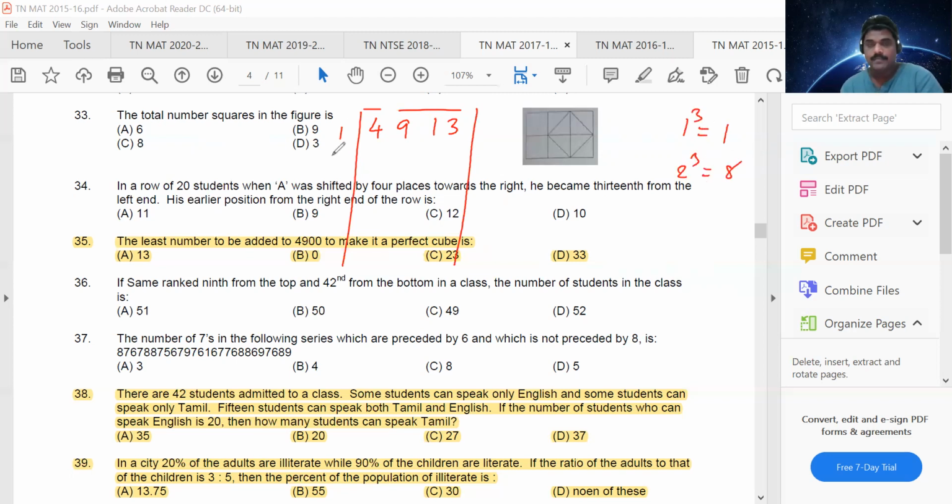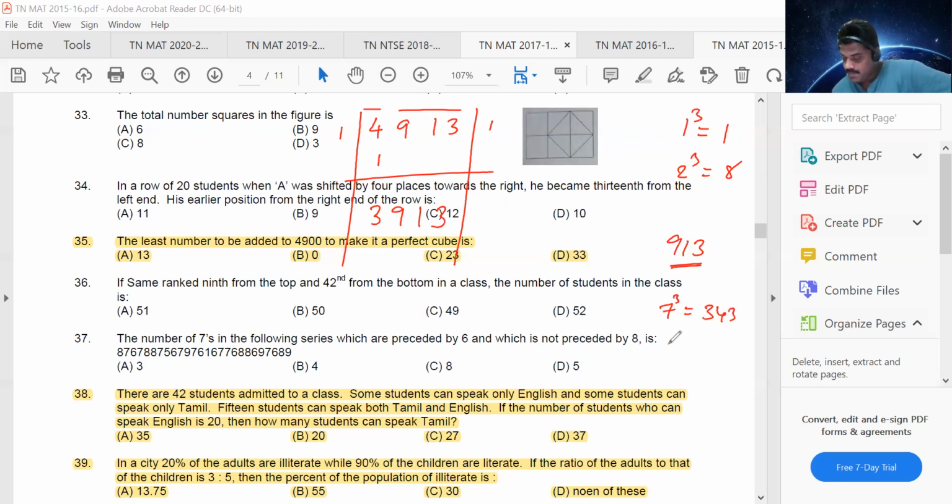So I will take 1. 1 ones are 1. Now I will write it as 3, 9, 1, 3. Now observe, this 913 over here lies between 7 cube. What is 7 cube?